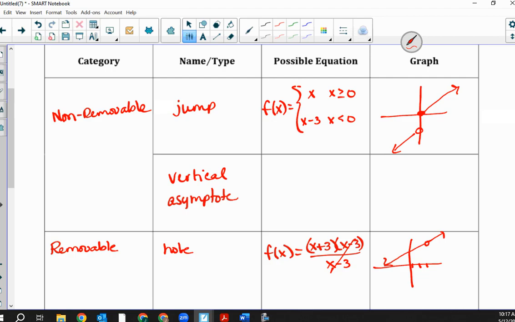There's my lovely graph. We're keeping it simple here. Again, you know what that is, right? Nothing new here.